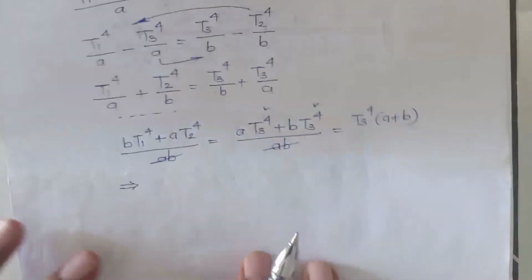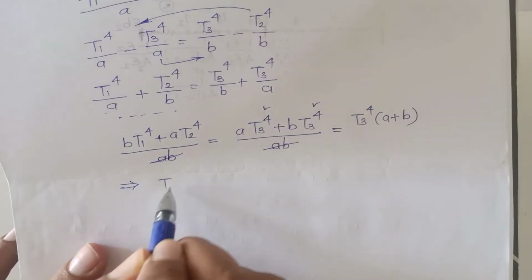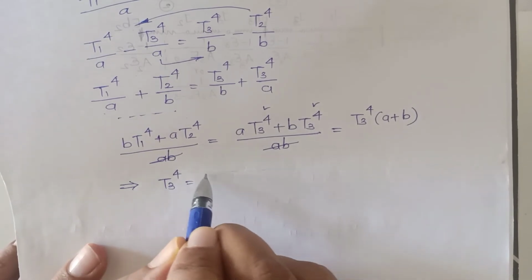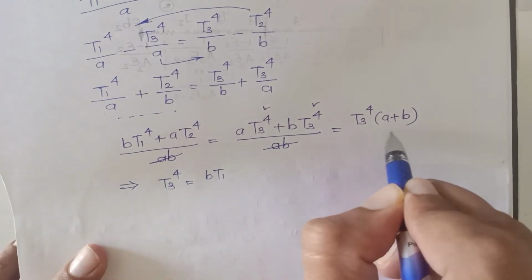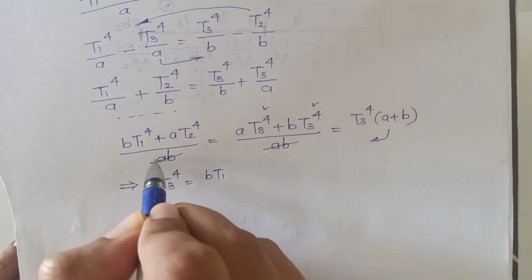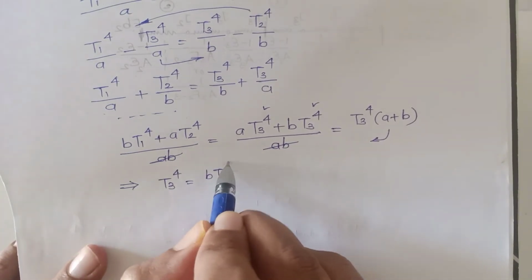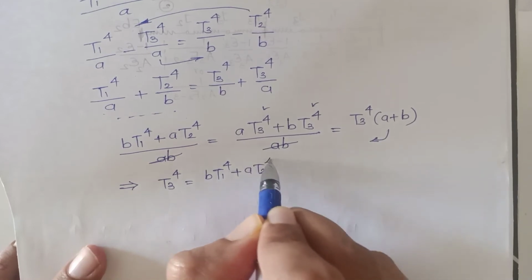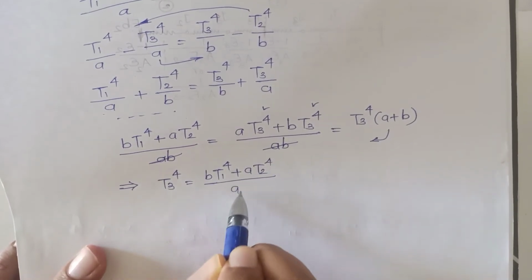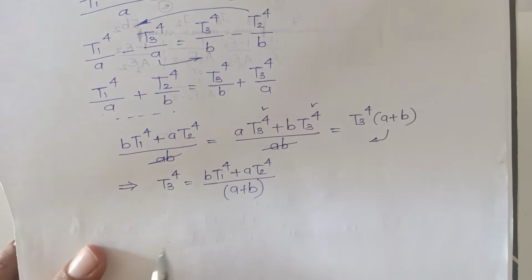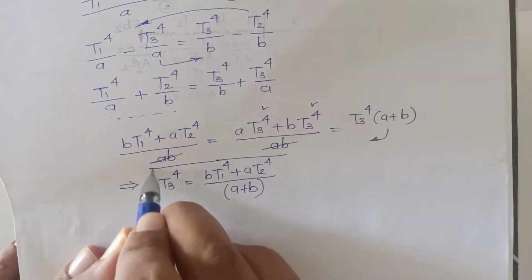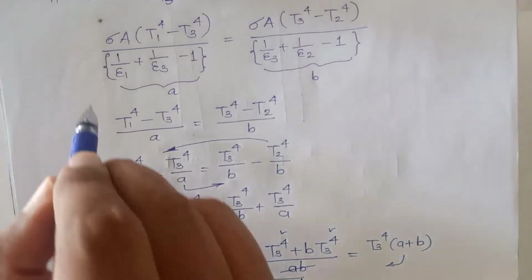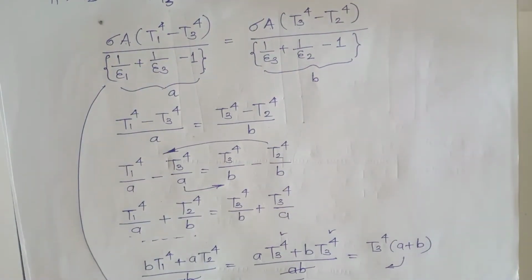Okay, so we get T3 raised to 4 is equal to, we will divide this a plus b on the left hand side of the equation, b into T1 raised to 4 plus a into T2 raised to 4 divided by a plus b. We will substitute this entire term for T3 in the equation of heat transfer between 1 and 2.